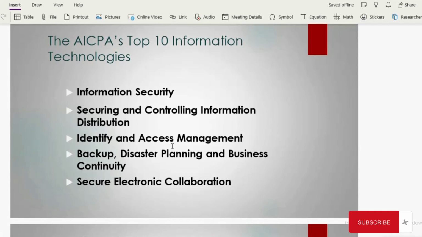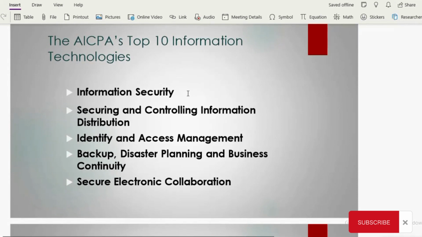They have done an annual survey of their members to identify the top 10 information technologies which are affecting the study and the practice of accounting, and they came up with the following answers. I will be using 2 pages to explain the top 10 information technologies.